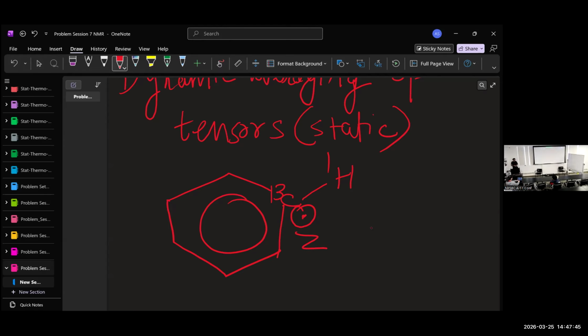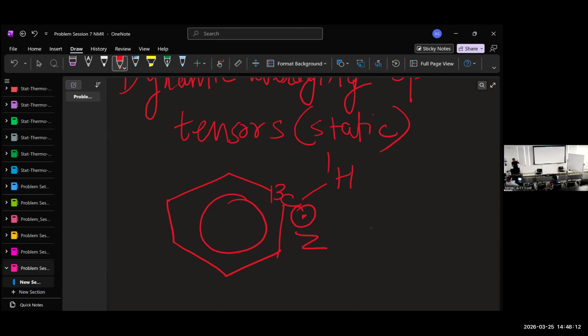If I assume that the tensor is uniaxial, where are the x and y axes of the CSA tensor? Right, so in the plane of the base indeed.